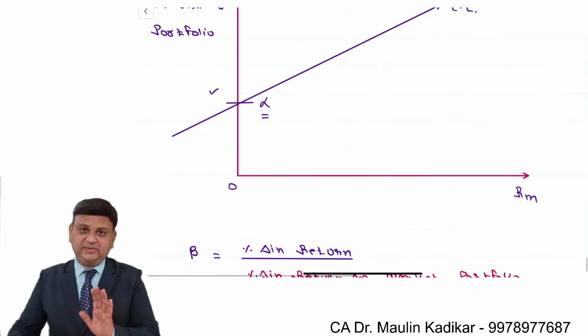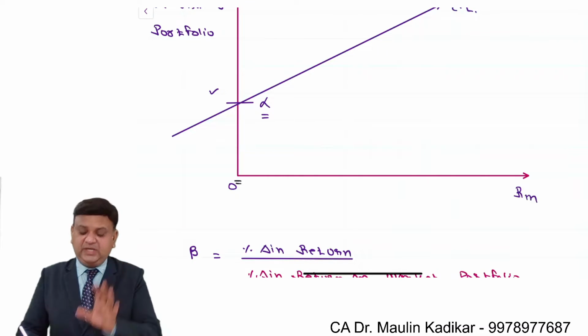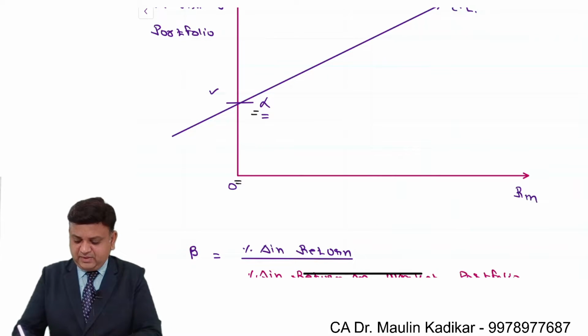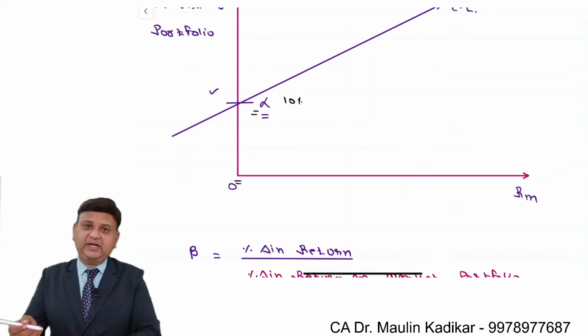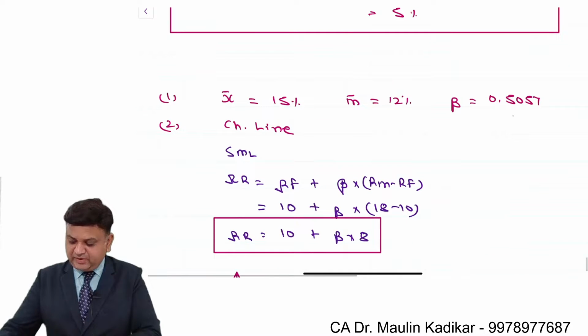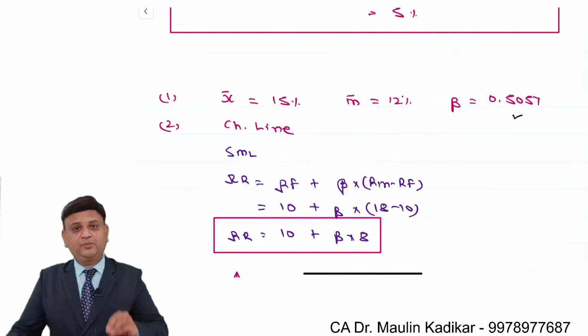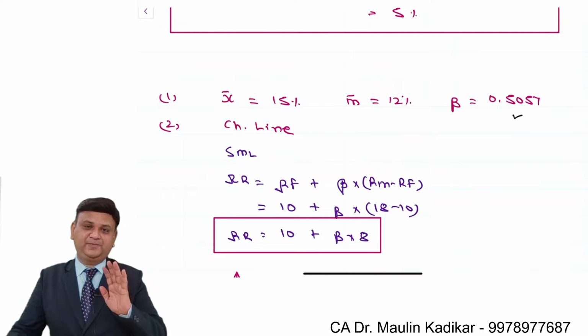Now you can understand something like this, that when the market return is zero, you are expecting some return from the security and it is given a name as alpha. For example, it is 10%. So now we understand that since beta of the investment is 0.5057, for every 1% increase in the return of the market, you are expecting 0.5057% increase in the return of your portfolio.